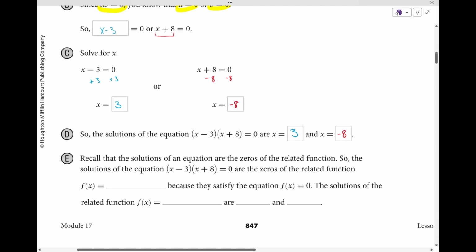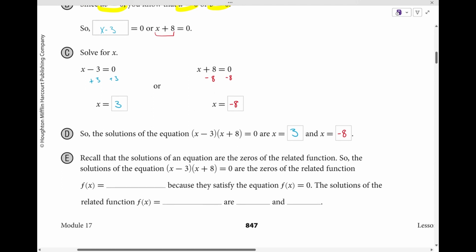Recall that the solutions of an equation are the zeros of the related function. So the solutions of the equation are the zeros of the function. The function is that factored form of the quadratic, x minus 3 times x plus 8, because they satisfy f of x equals 0. I think this was in 17.1.